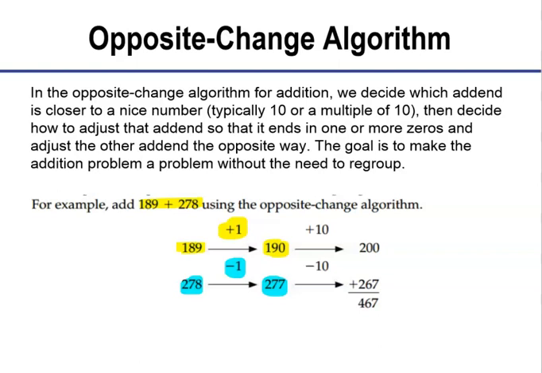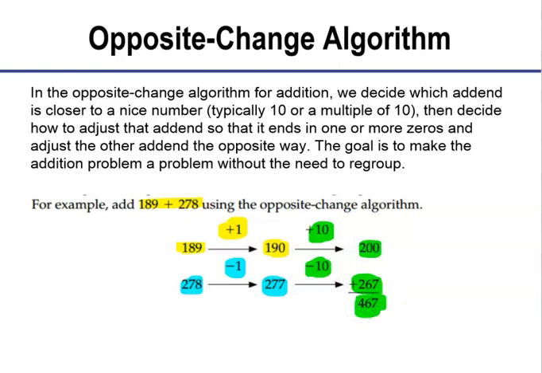Now, the next trick: I'm at 190. Hey, I could even go up to 200. So I'm going to add 10, but then I've got to subtract 10 from the 277. So now I'm at 200, and 277 minus 10 is 267. Mentally, that's easy to do. 200 plus 267 is 467.